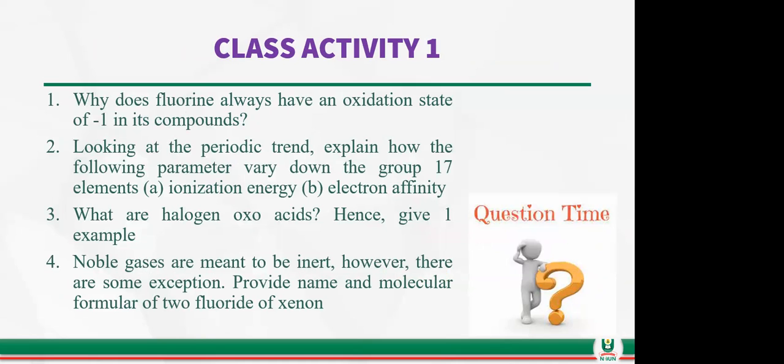Activity. Why does fluorine always have an oxidation state of -1? That's the first one.